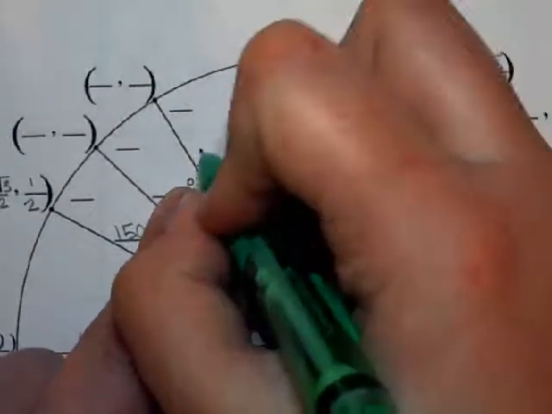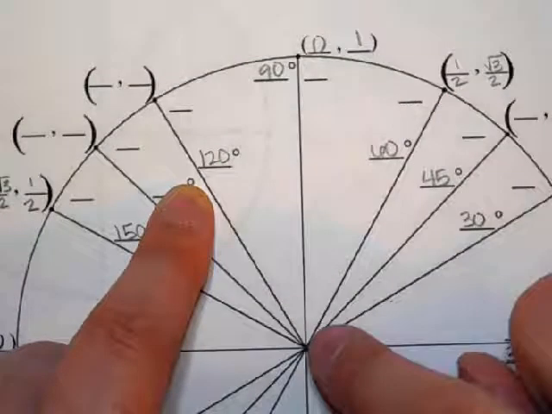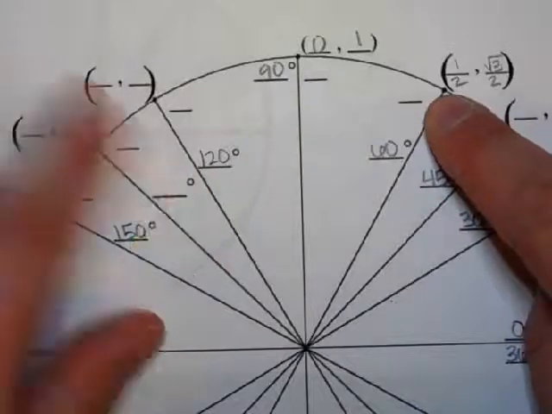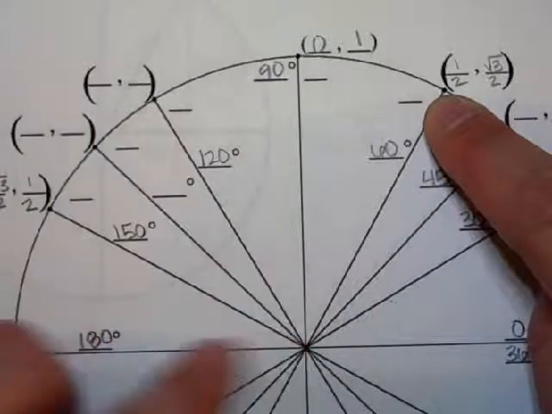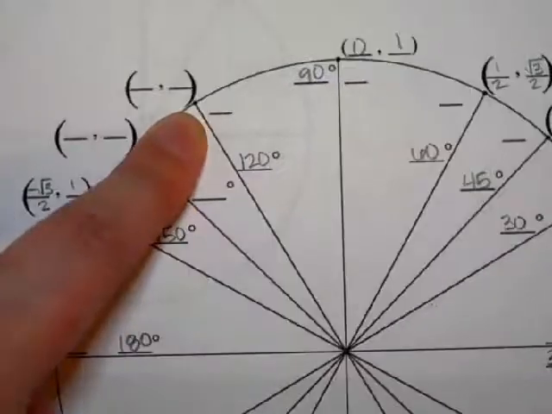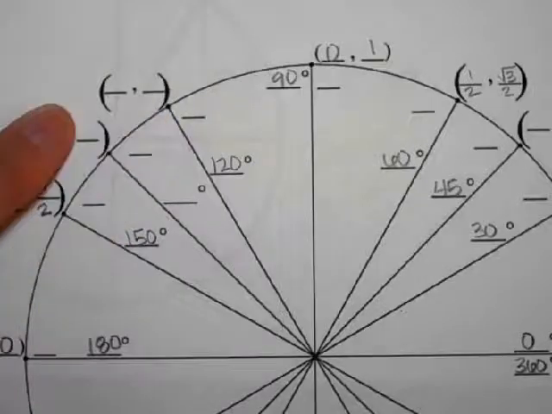Okay, so to get this point, we went right 1/2 up root 3 over 2. So to get this point, we're going to go left 1/2 up root 3 over 2. So what do we have? Negative 1/2. Okay.